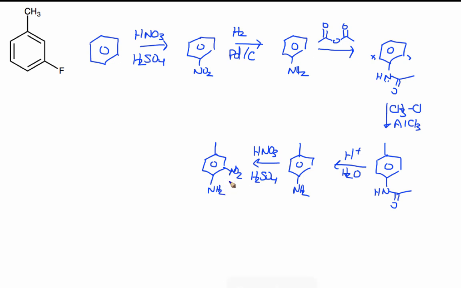From here, now we can remove this NH2 group that we don't want anymore. So in order to do that, we'll treat that with NaNO2 and HCl to convert it to the diazonium ion.